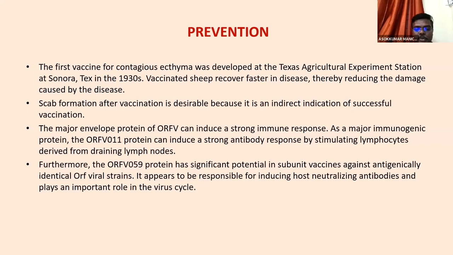It appears to be responsible for inducing neutralizing antibodies and plays an important role in the virus cycle. So ORFV 011 plays a major role by stimulating lymphocytes, whereas the 059 protein plays a major role with neutralizing antibodies.